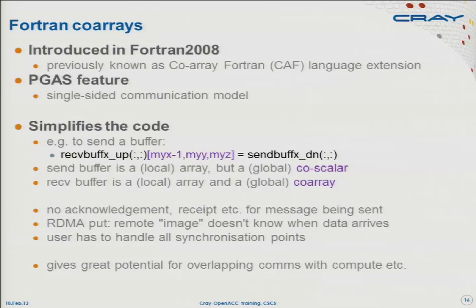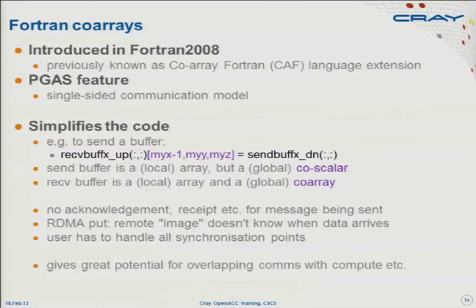So if you're using Fortran coarrays, this is another way of passing messages. It's a more single-sided way in that I've got some data, I send it to you, but I'm not going to tell you that I'm sending it, and you've no way of knowing that I sent it. It will just arrive at some point.